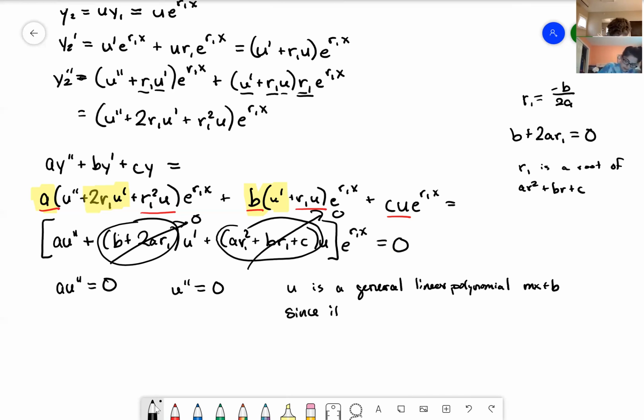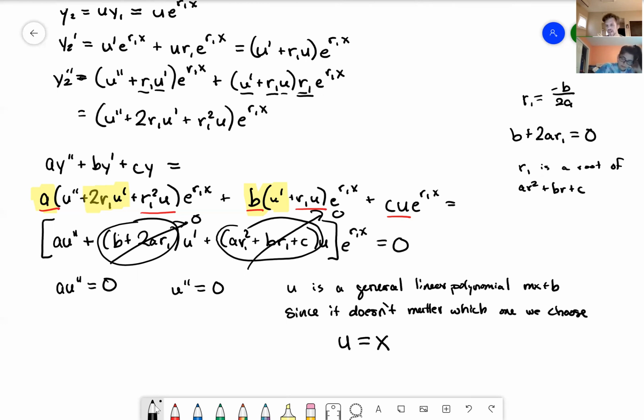Since it doesn't matter which one we choose, we're going to say u is just equal to x. So it's just some linear polynomial.